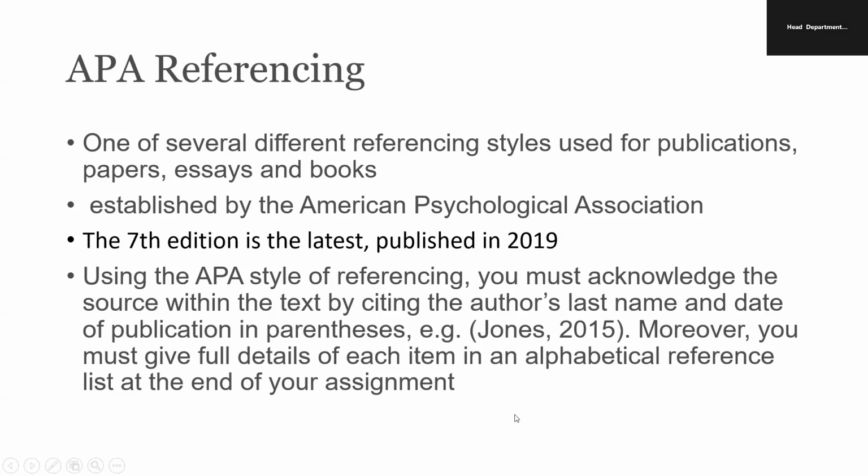Who are the authors, in which year they have published, what is the title of this, and where this is published, like this. We have to give the full details of this. Right. This is called the reference list. We prepare that at the end. Right.